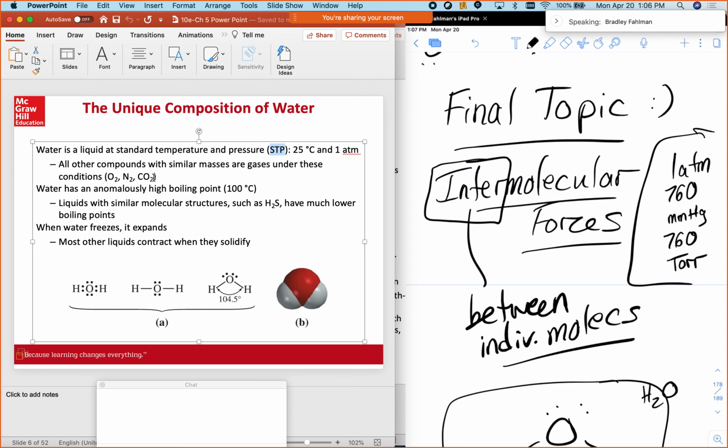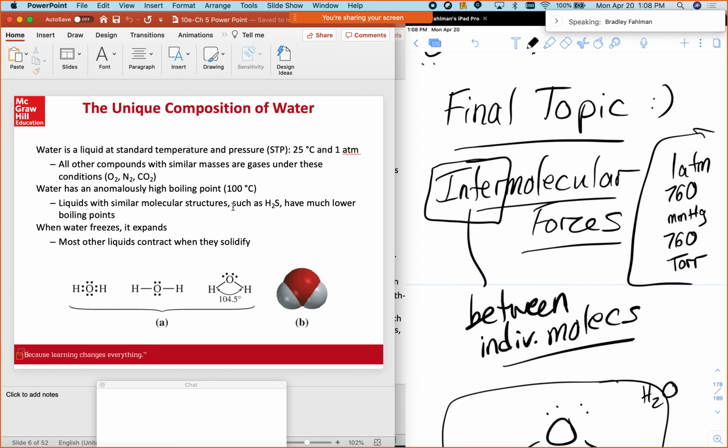This is 44. So compounds with smaller molar masses are all gases under these conditions, 25 degrees and 1 atmosphere of pressure. And so having it liquid is really rare for something that doesn't have much of a mass like this. And then also, we know that it has a very high boiling point, 100 degrees Celsius.